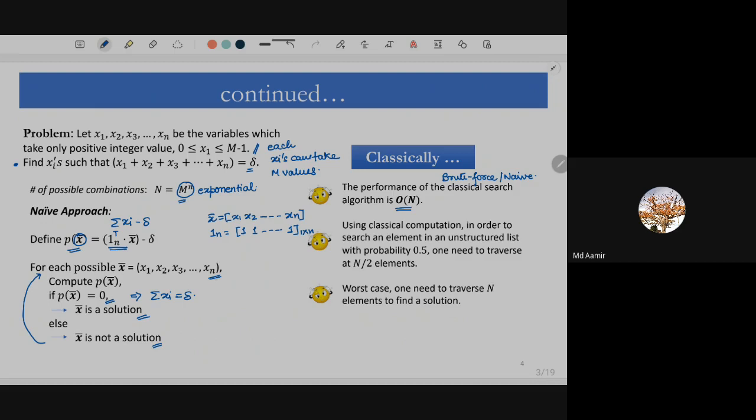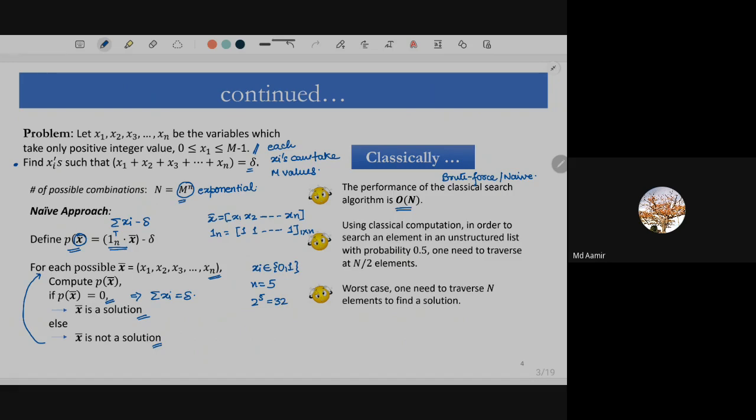So here, for example, we have to search all the possible combinations. Let's say xi belongs to 0 and 1, and we have n equals 5. Then we have 2 raised to 5 combinations, that is 32. So we have to see all the 32 combinations.